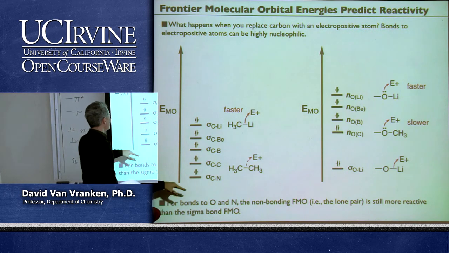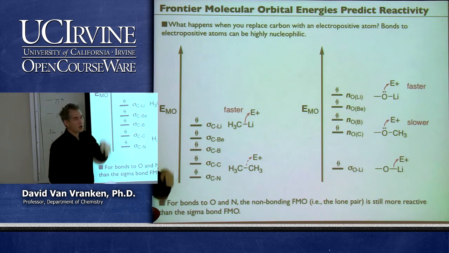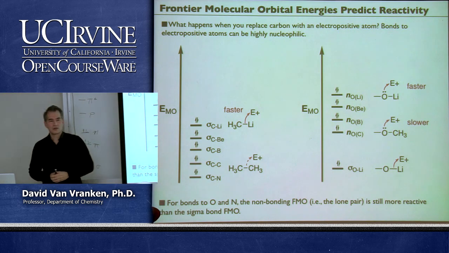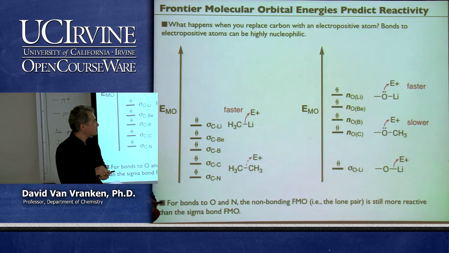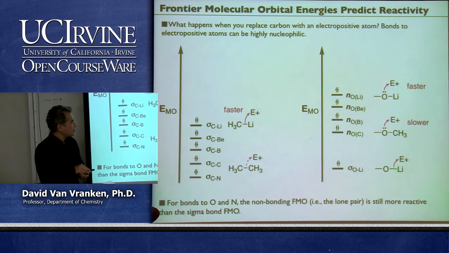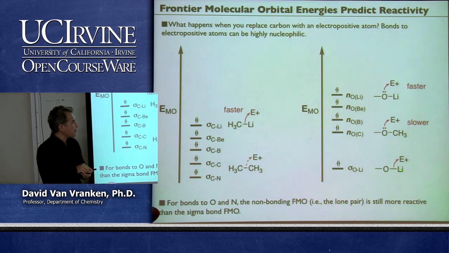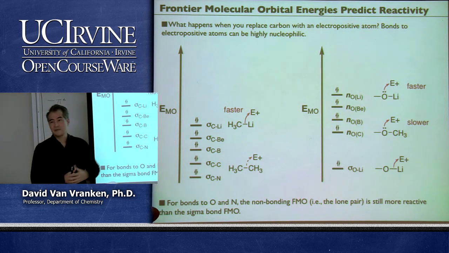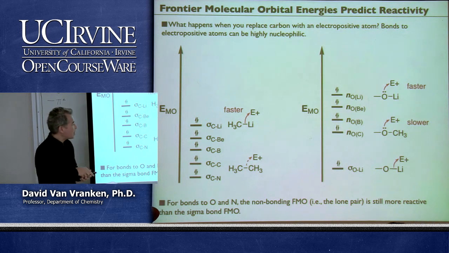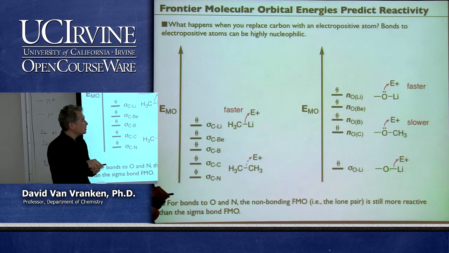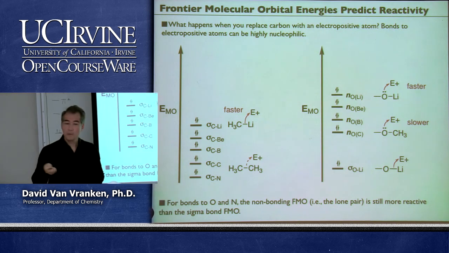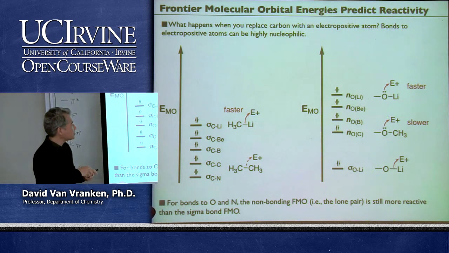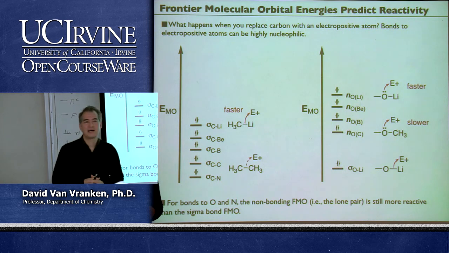So this is a huge effect to march up here to go to a carbon-lithium bond. So lithium is very electropositive. So when I stick an electropositive atom like lithium onto carbon, that bond can become nucleophilic enough to engage in chemistry. But if I'm making a bond to lithium or potassium to some heteroatom like oxygen or nitrogen, and there are still lone pairs on there, those lone pairs are still more reactive than the bond.